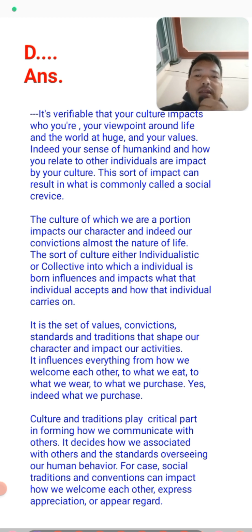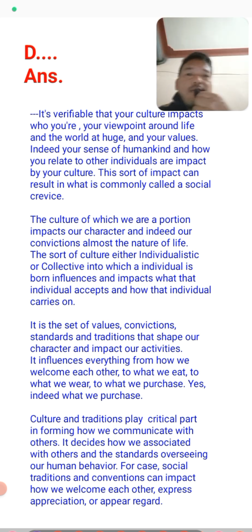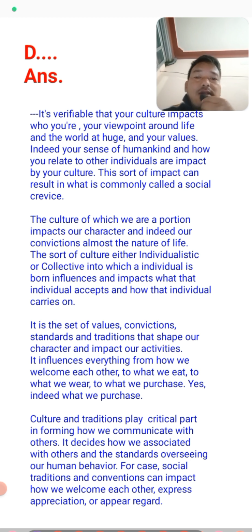This sort of impact can result in what is commonly called social. The second paragraph: the culture of which we are a portion impacts our characters and even our convictions about the nature of life. The sort of culture, either individualistic or collective, into which an individual is born, influences what the individual accepts and how the individual carries on.